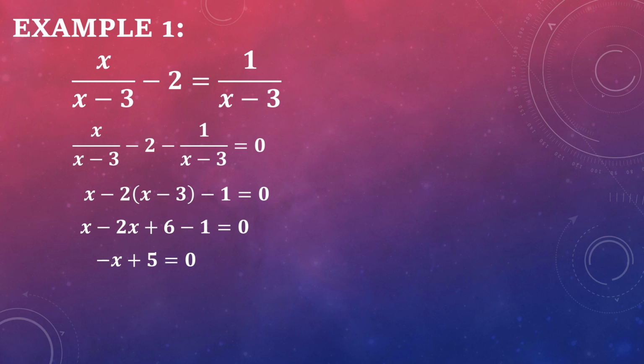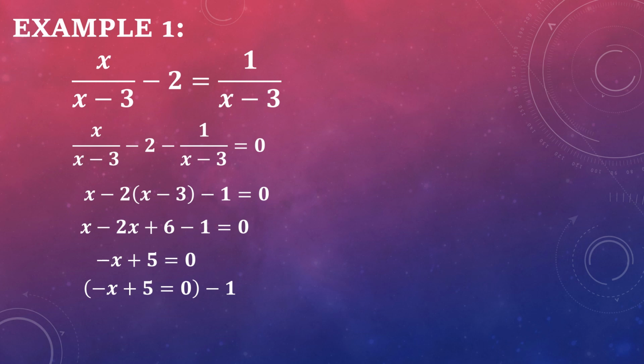Notice that our literal coefficient is negative, and we are looking for the value of x. So we have to multiply negative 1 on both sides of our equation to make our literal coefficient positive. Okay, so negative 1 times negative x is positive x. Negative 1 times 5 is negative 5, which is equal to 0.